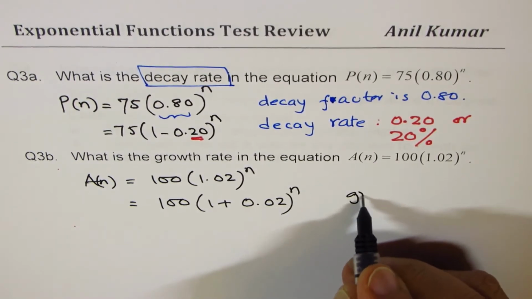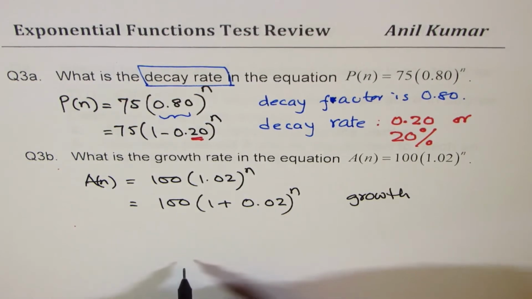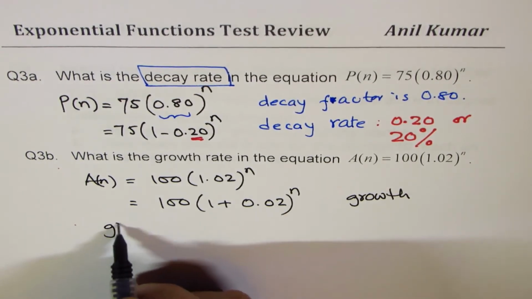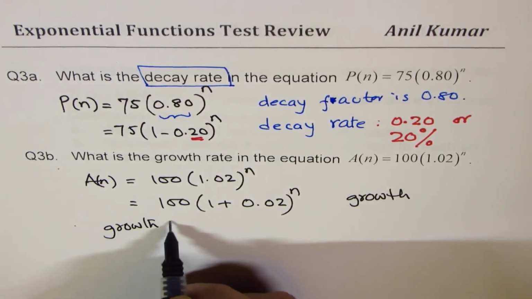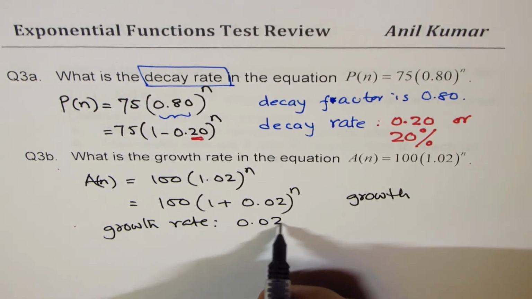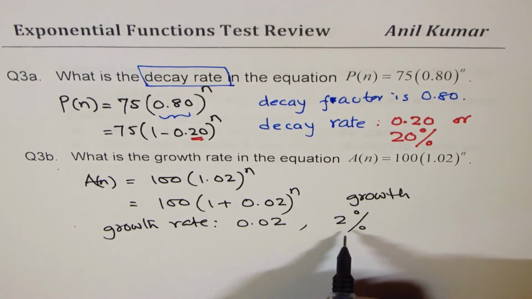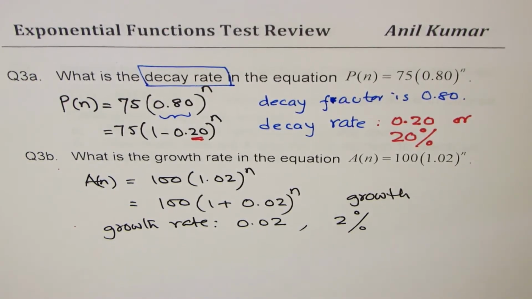So it is definitely a growth, right? This factor is more than 1. But what is the growth rate? Growth rate is 0.02, which is 2%, not 20%, 2%. Do you see that? So at times you may just write quickly 20%, which will be incorrect. I'd like you to think about it.